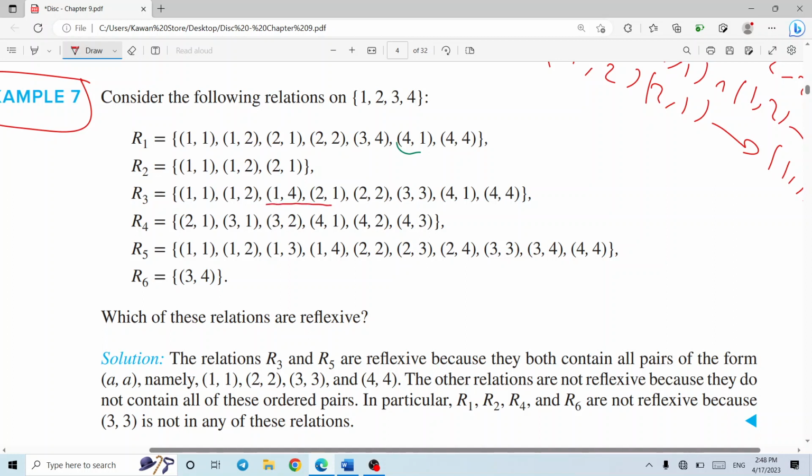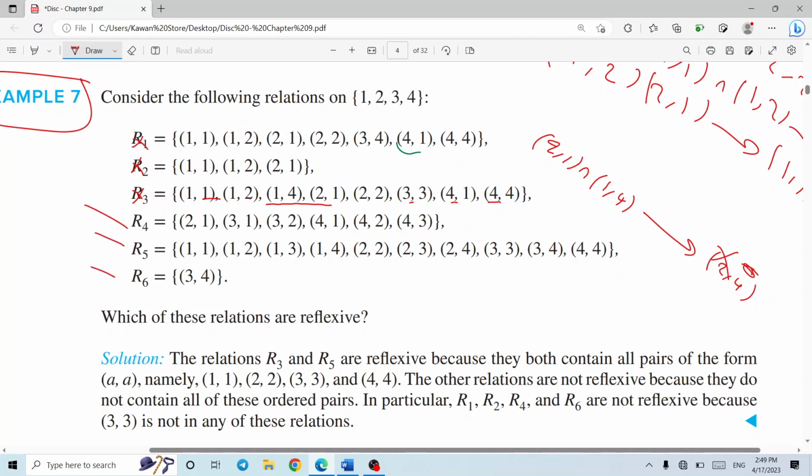We have (2, 1) and (1, 4). So I should have (2, 4). Do you have that one? No. So, and how about that one?